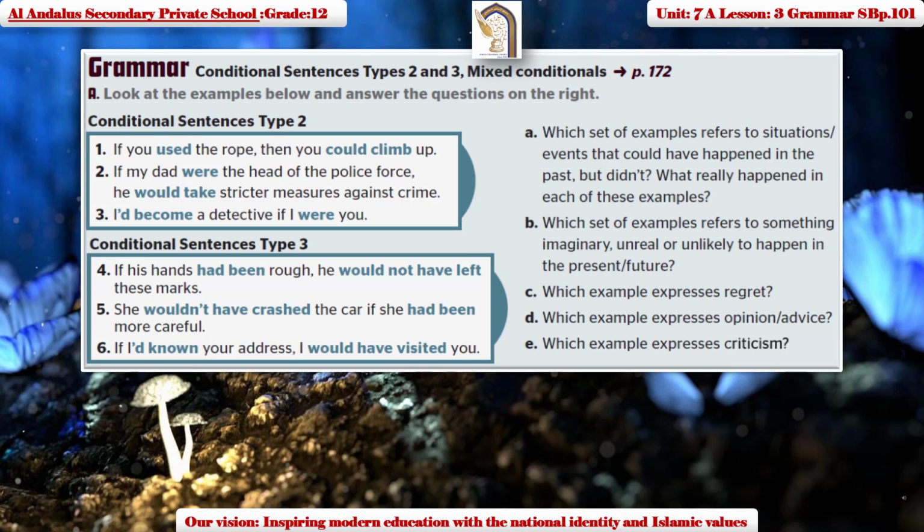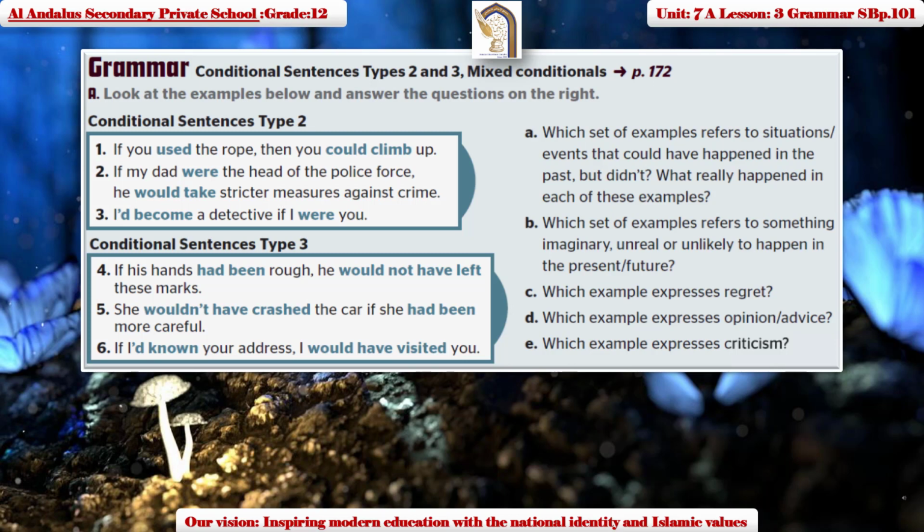This is the second table, which gives examples from type 3. Sentence 4: if his hands had been rough, he wouldn't have left these marks. 5: she wouldn't have crashed the car if she had been more careful. 6: If I'd known your address, I would have visited you.